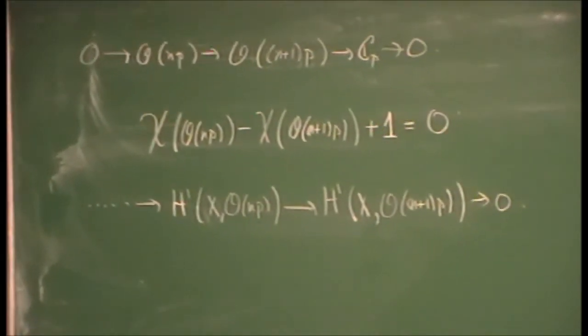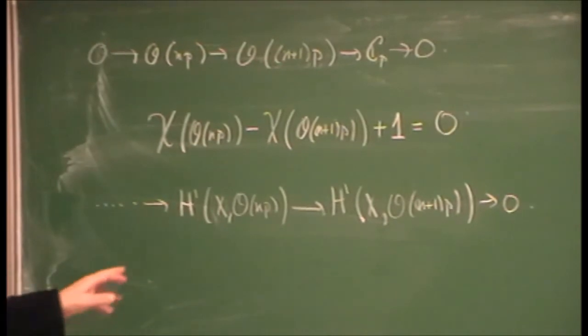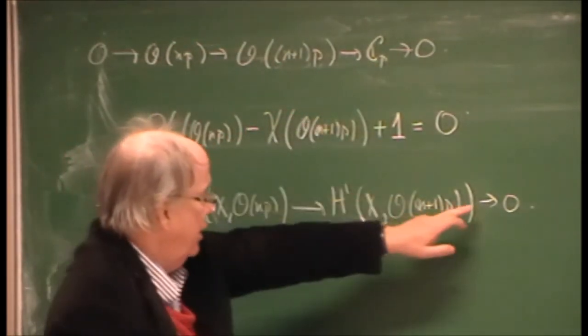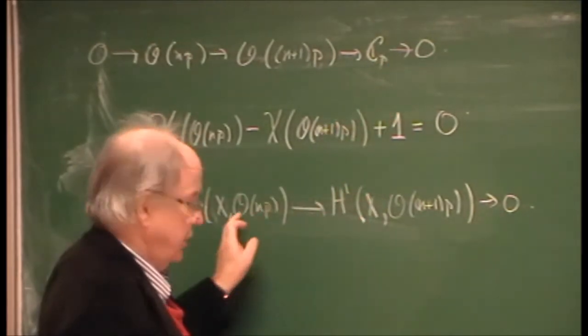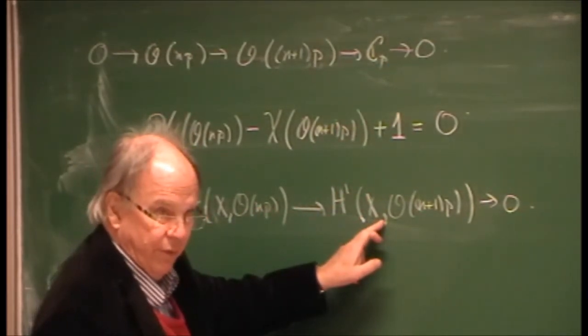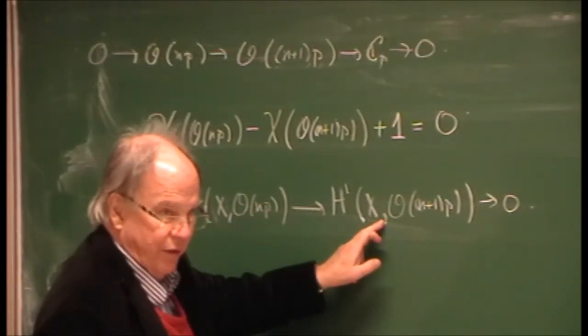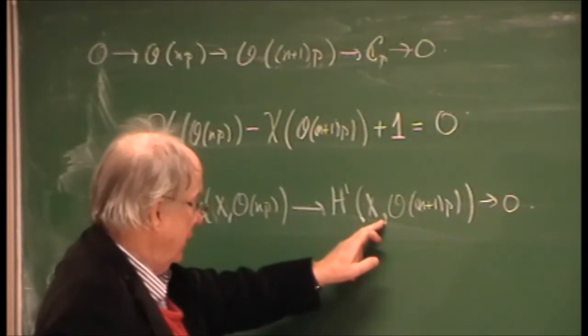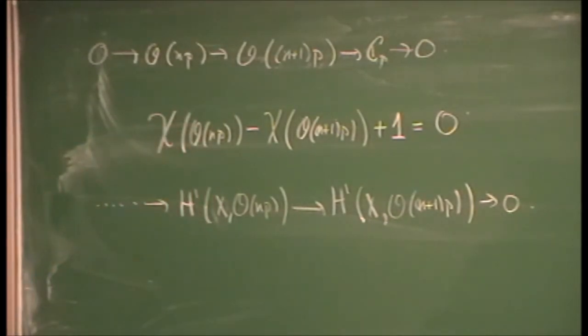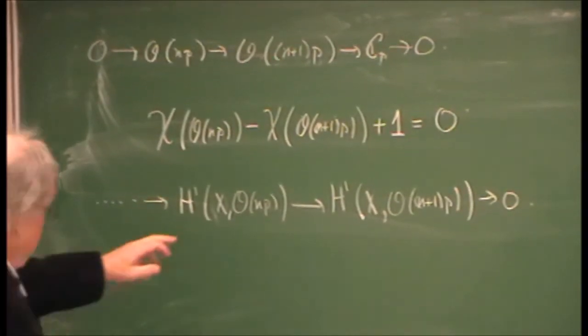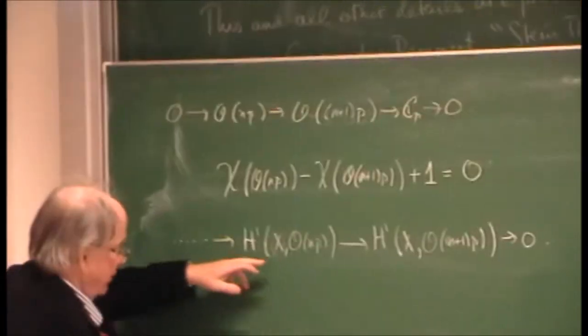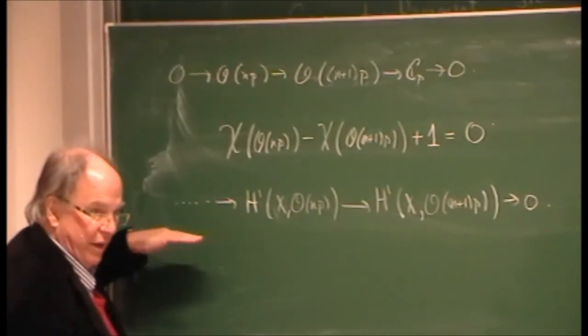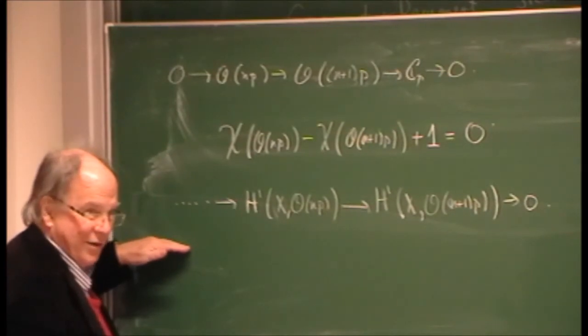This has no cohomology at H1, so the next thing would be H1 of the sheaf, and so this is surjective onto that. This is a finite dimensional space. By letting n vary, I get a sequence of surjective maps.